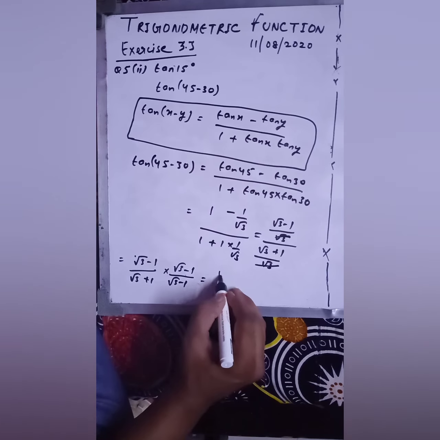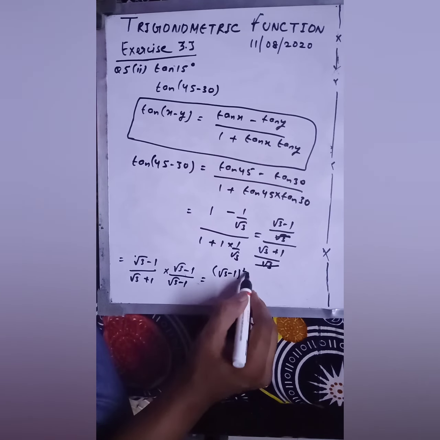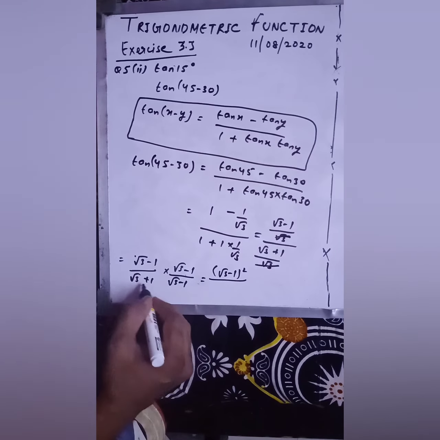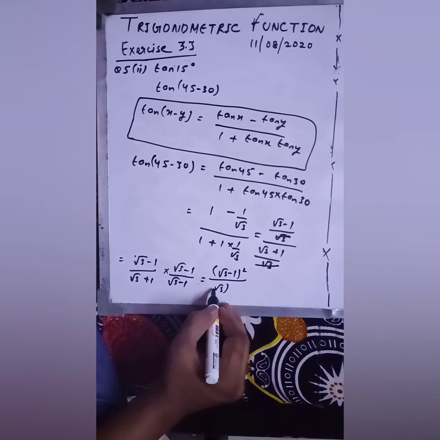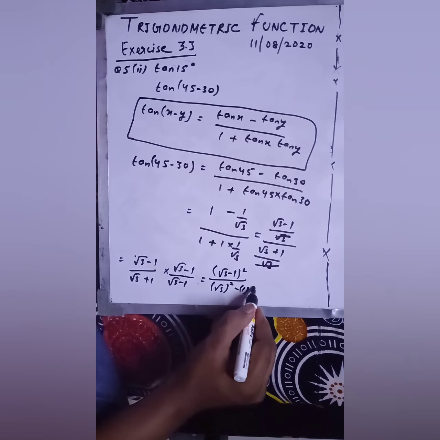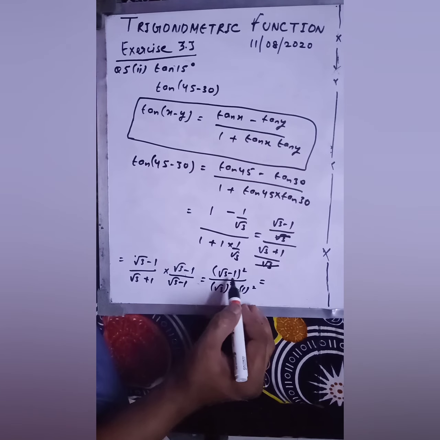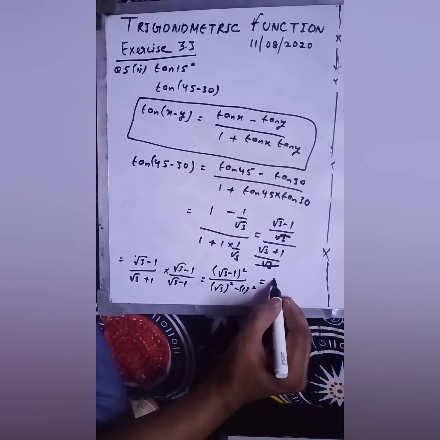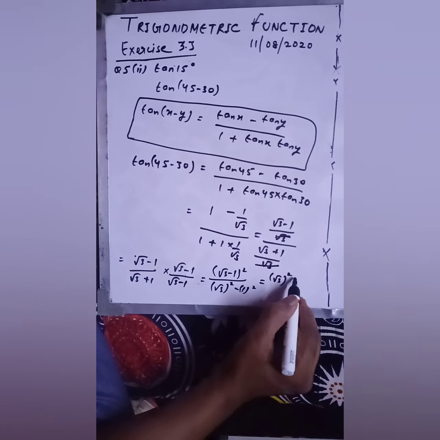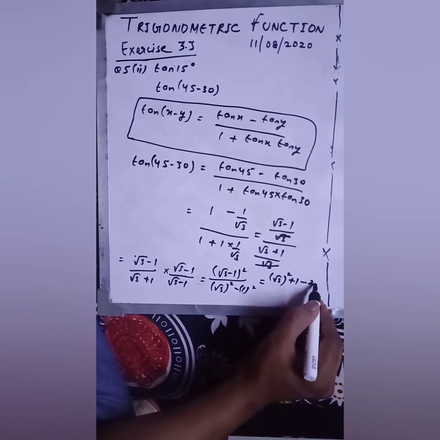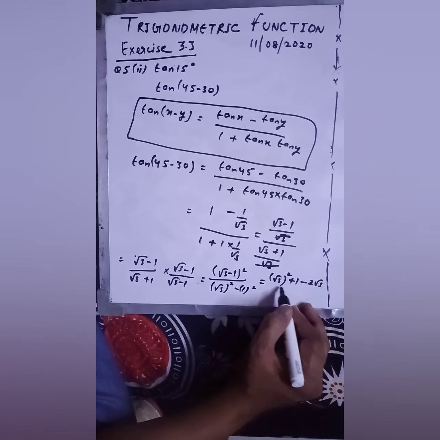Now you get root 3 minus 1 whole square in the numerator, and in the denominator you apply the formula (a minus b)(a plus b) equals a square minus b square. In the numerator it is (a minus b) whole square, so a square plus b square, minus 2ab, that is 2 root 3. I am not writing the square of 1 because it is always 1.